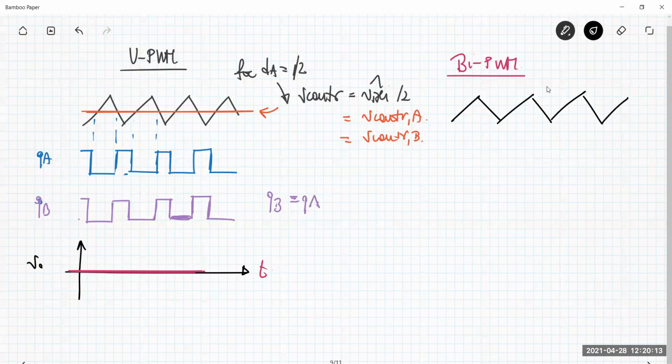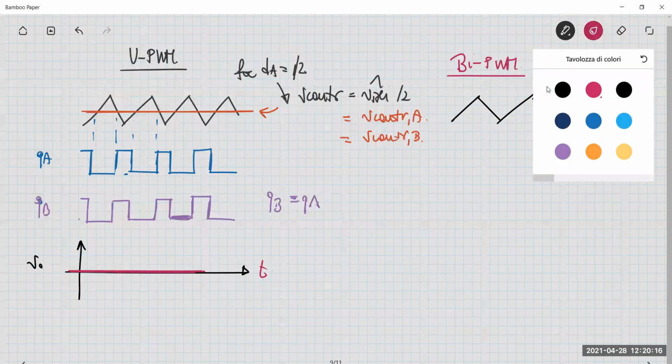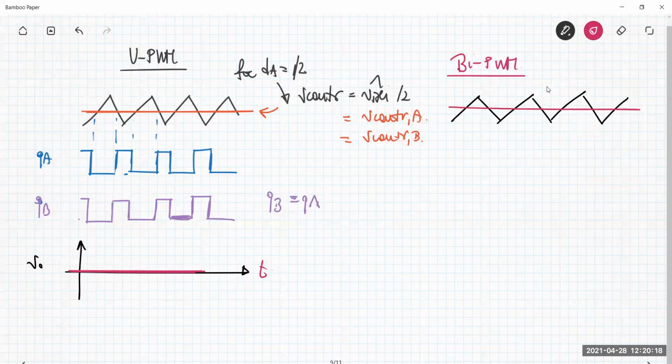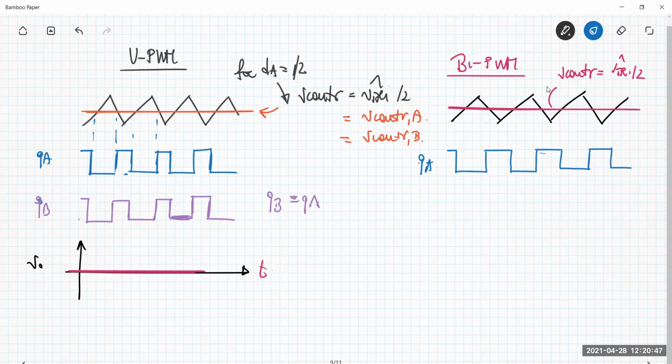For having duty cycle 1/2, the control voltage V control is V triangular peak divided by 2, and so I can have the same QA as before, having duty cycle of 50%, because now the control voltage is exactly half the value of the triangular peak.